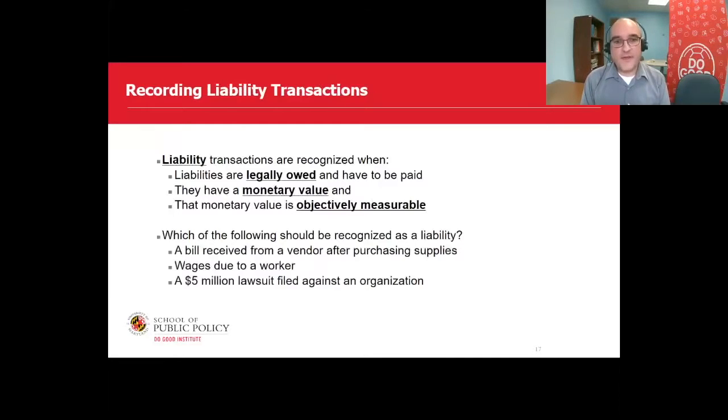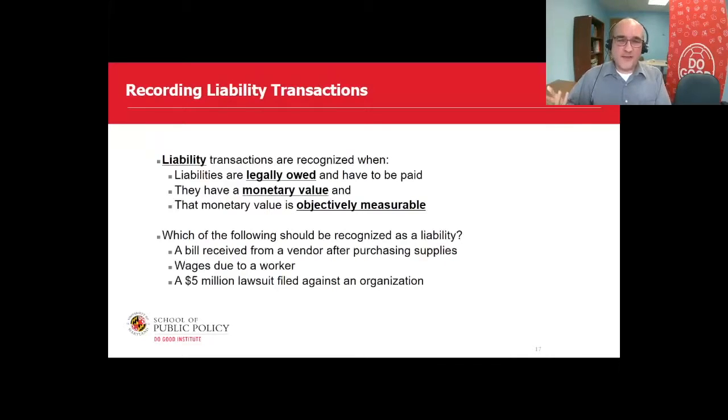They get the supplies, they receive a bill from the vendor, they need to pay that bill, so a liability is entered, and if it needs to be paid in the current year, then it's entered under a current liability. Wages due to a worker is always listed under current liabilities, of course, because it's against the law for organizations not to pay their workers on a timely basis.